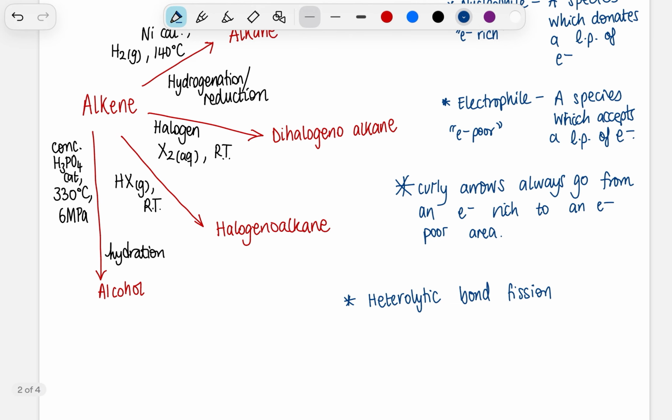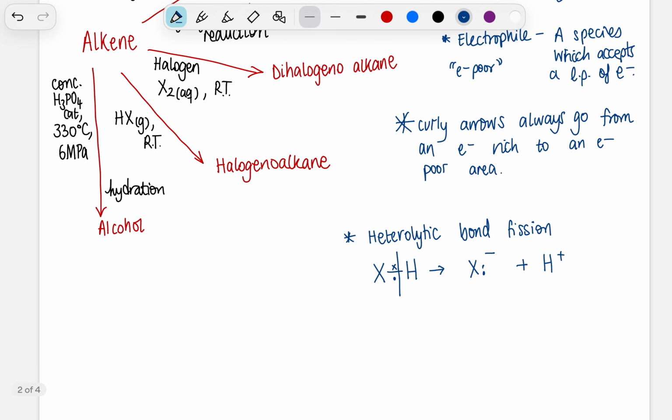So if you have an X2 hydrogen bond, there's a covalent bond here. So both of these electrons would be unequally shared when the bond breaks. So for example, like that, and you would end up with X having a lone pair and negative charge and hydrogen ions with a positive charge.